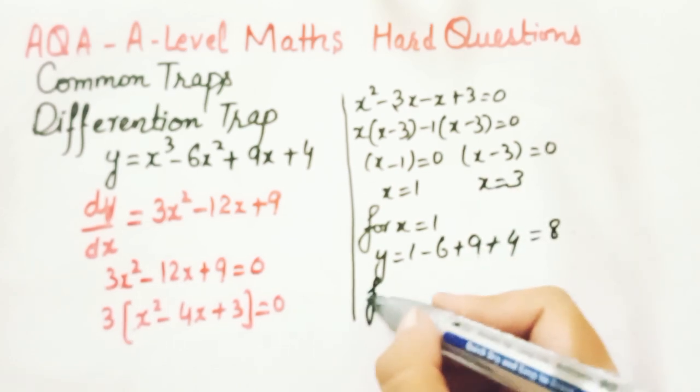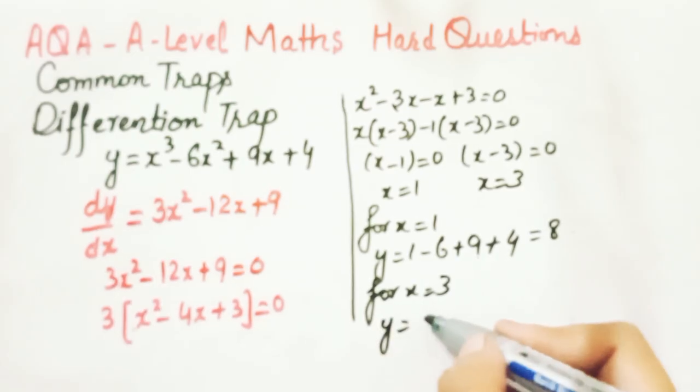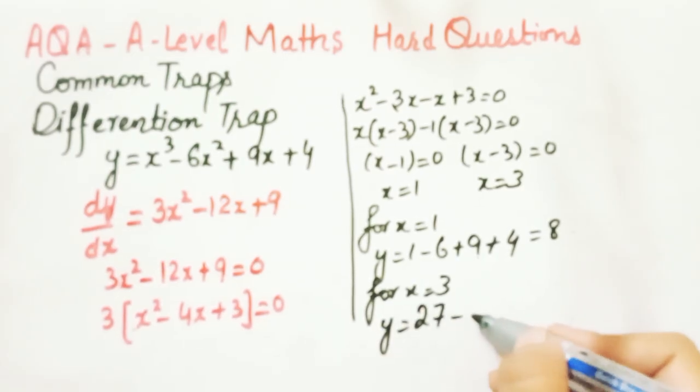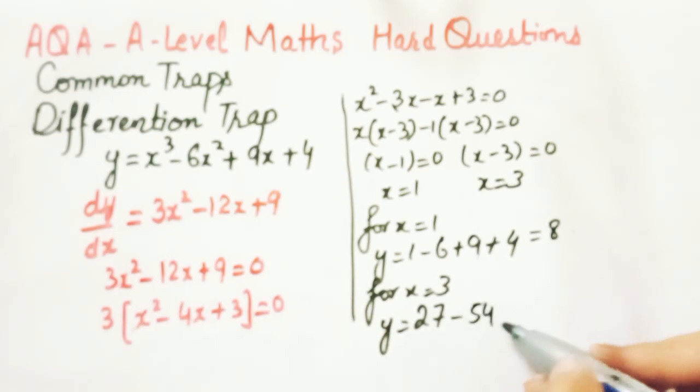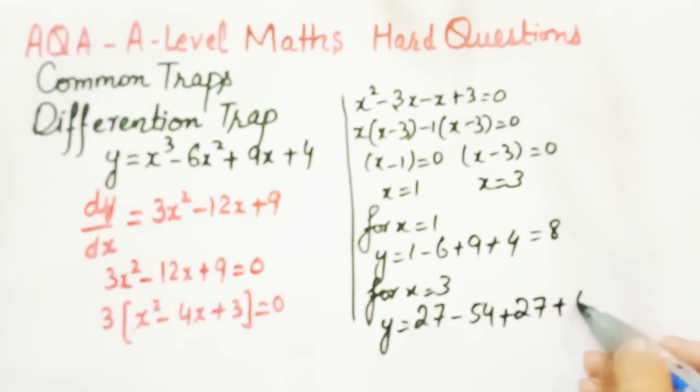For x equals 3, y equals 3 cubed, that is 27, minus 6 times 9, which is 54, plus 9 times 3, which is 27, plus 4.